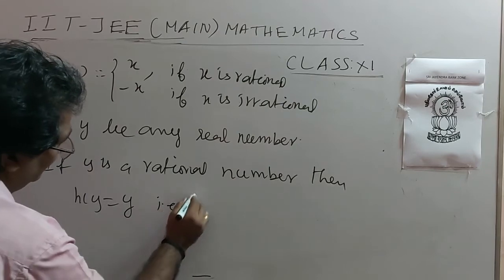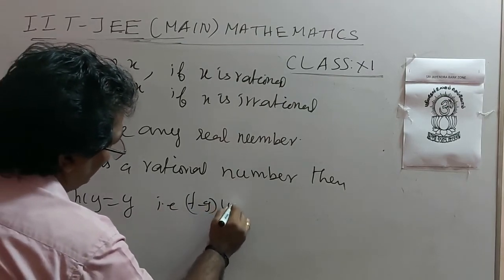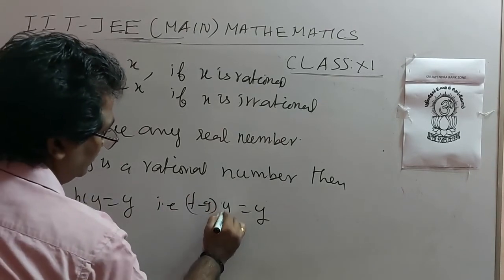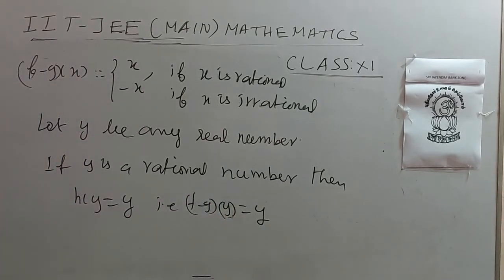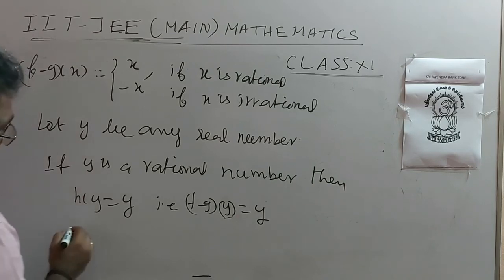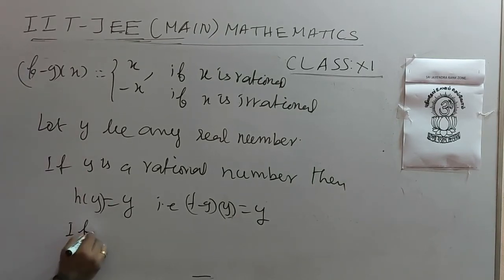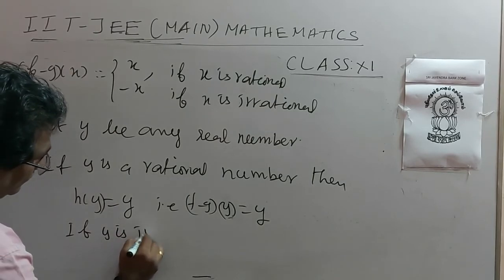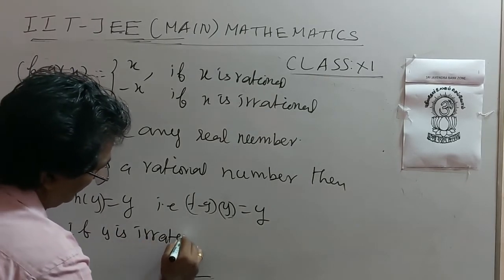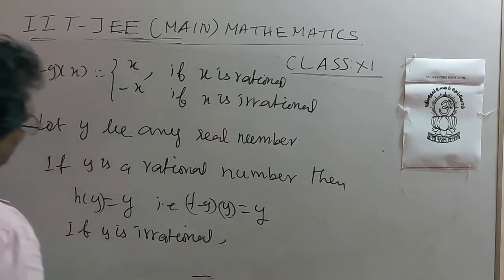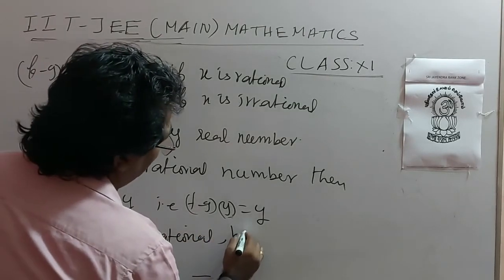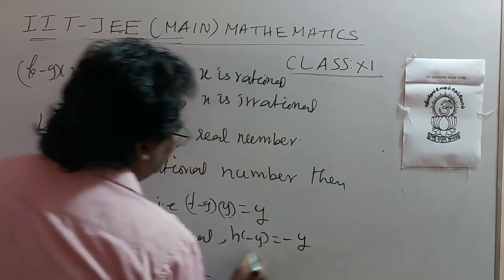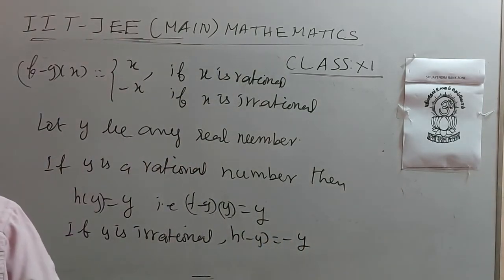That is f minus g of y equal to y. If y is irrational, h of minus y equal to minus y.